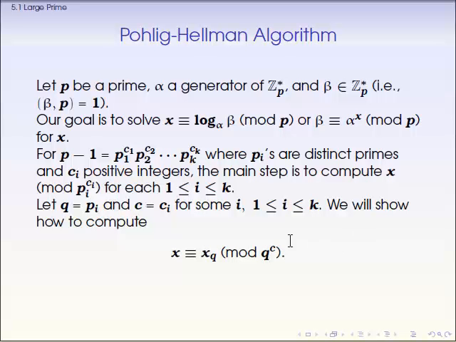The first task is we are looking for the solution of this equation. The x, what you are looking for, which is unknown at this moment, is congruent to x sub q modulo q to the c. It could be p1 to the c1, and this small q is just a notation. This number is related to this factor, not the whole p.